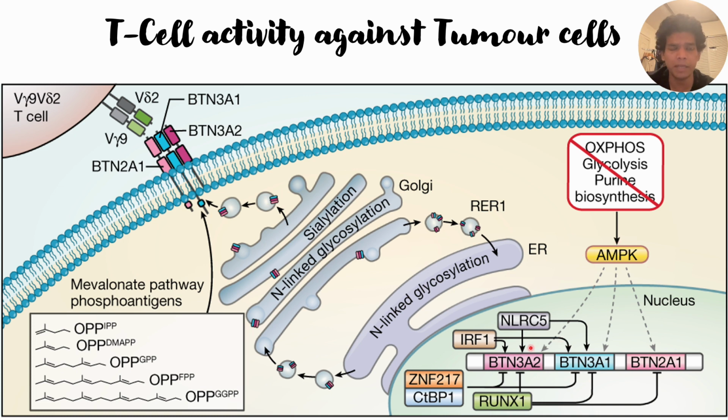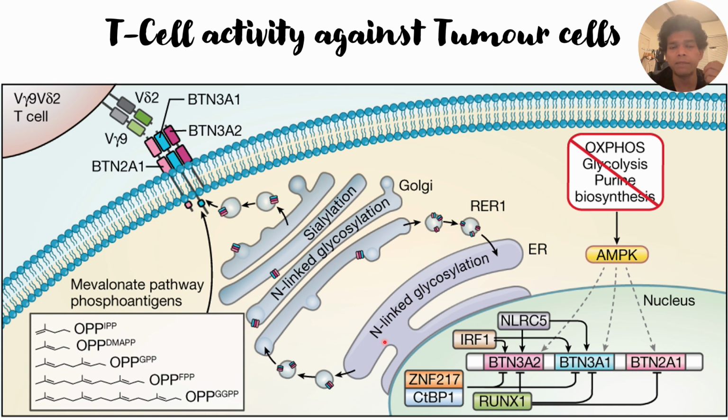In this AMPK upregulation, a post-translational modification happens, and that leads to the formation of BTN receptors on the cell surface of these tumor cells.